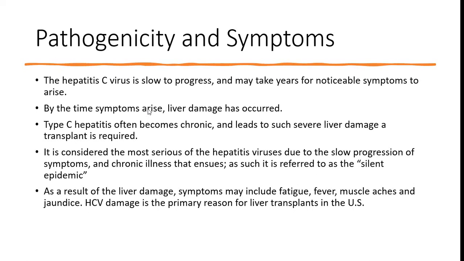And if people are inactive or not being proactive to get rid of the disease, by the time they are noticing it, so much damage has been done to their liver that it's almost always going to require a transplant. And so that makes it a significant factor in how we're treating it.